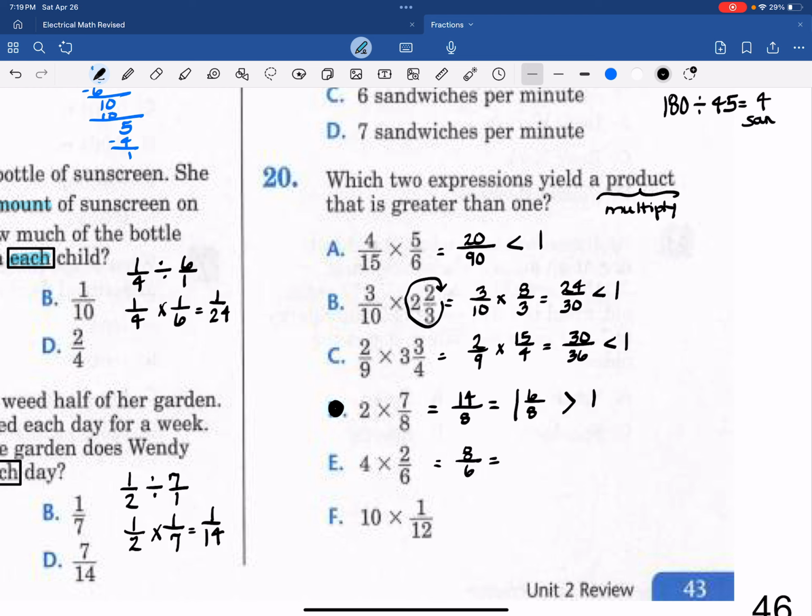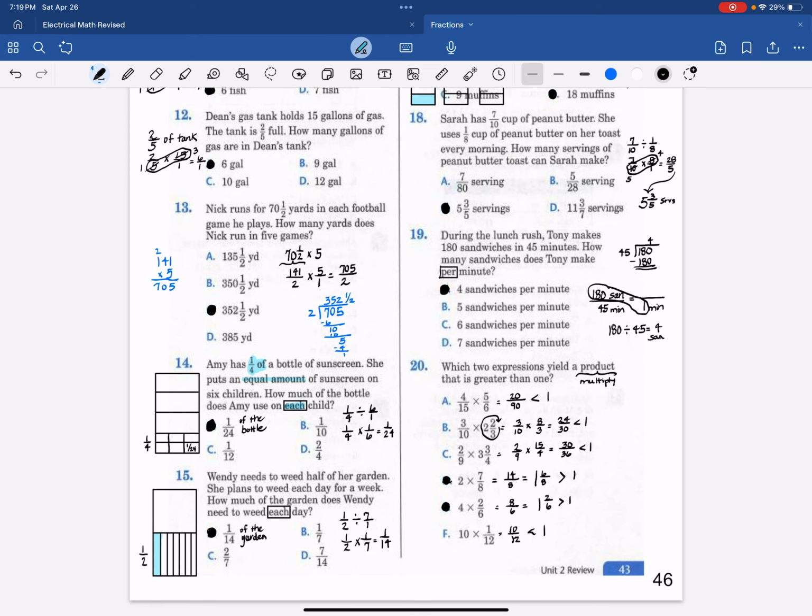It's improper, so that's greater than 1. 6 into 8 is 1 time with 2 left, greater than 1. And then 10 times 1 is 10, 12 on the bottom, that is less than 1. So for this one, I like Delta and Echo as my choices.